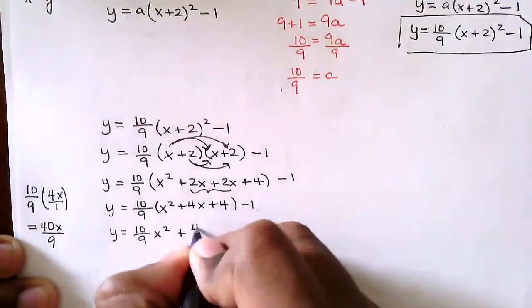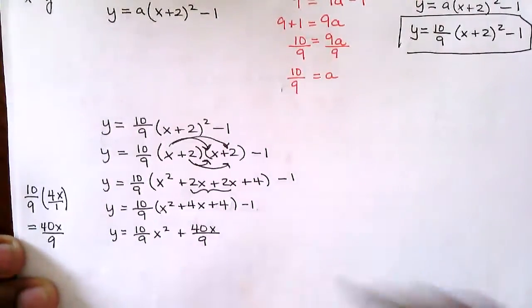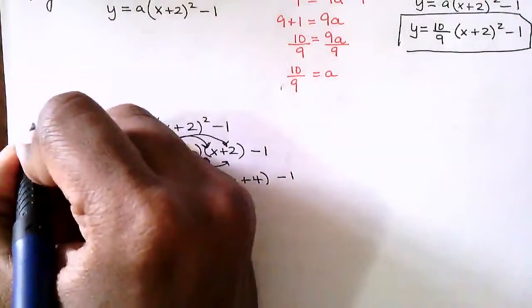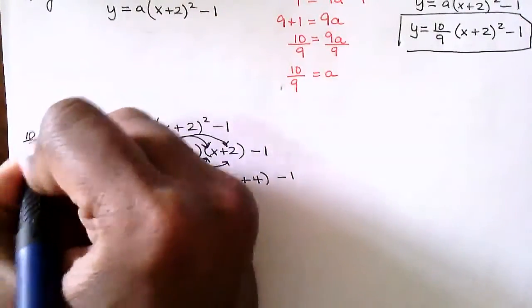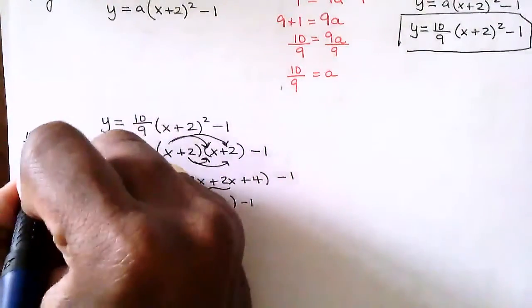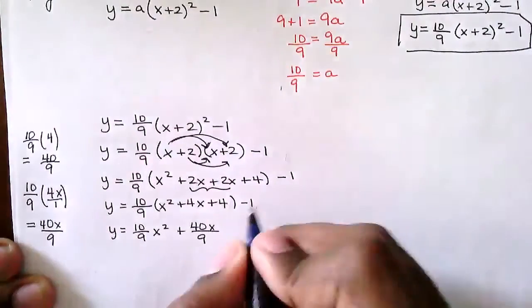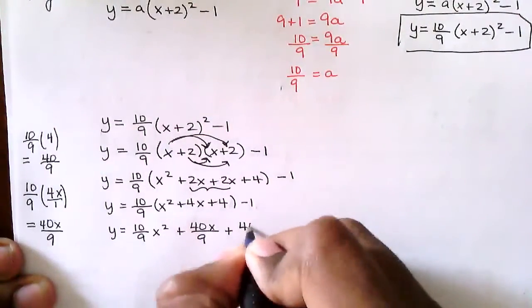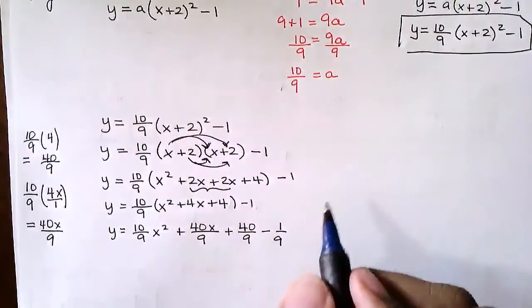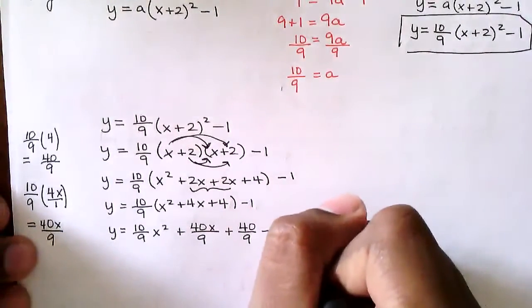So here I have 40x over 9. The next thing I have is 10 over 9 times 4. Again, there's nothing to reduce. This is just 40 over 9. So plus 40 over 9, minus 1.